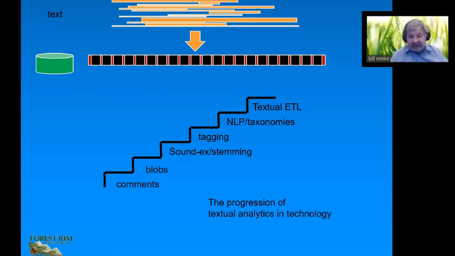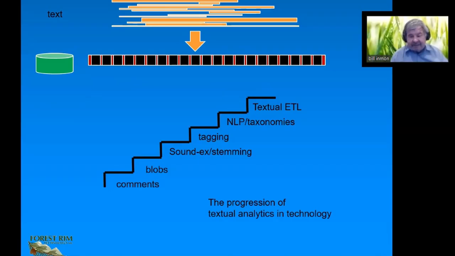And after tagging, we have NLP, taxonomies, and machine learning. NLP, taxonomies, and machine learning, all three start to make a genuine effort and a genuine attempt to go into the world of text and make sense of it to where we can use it. However, there's a couple of limitations of NLP, taxonomies, and machine learning.